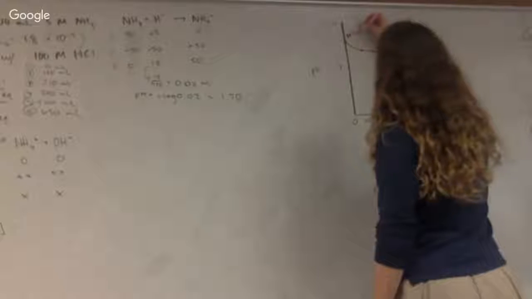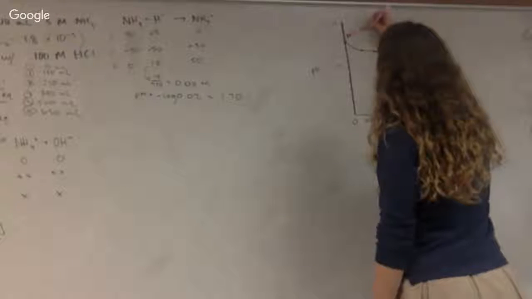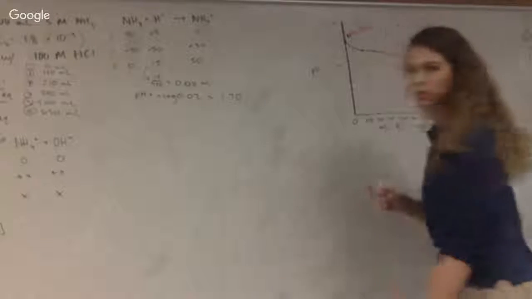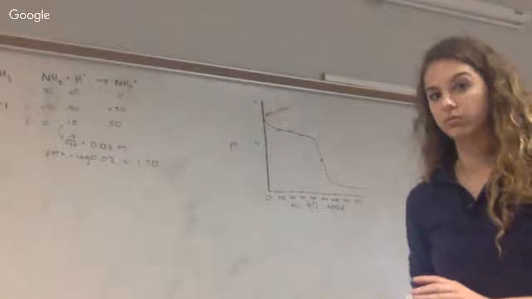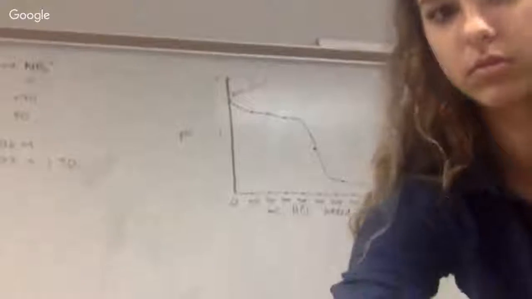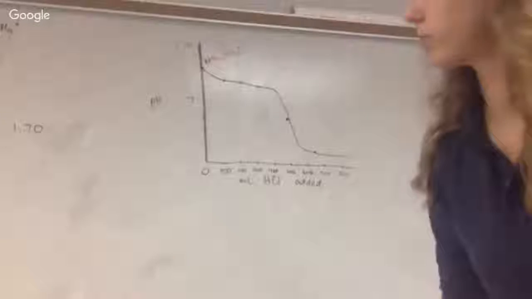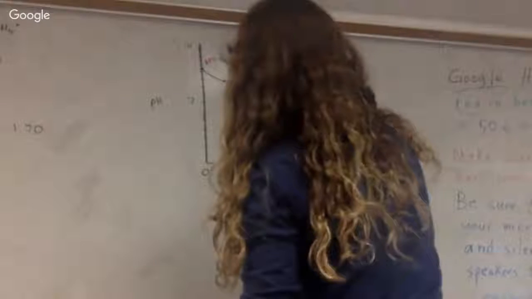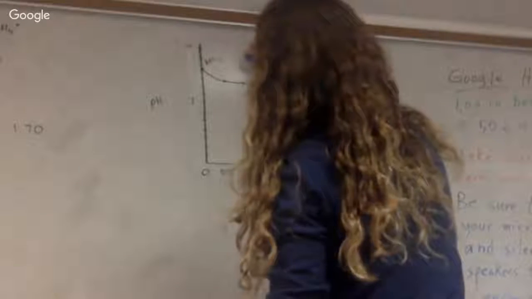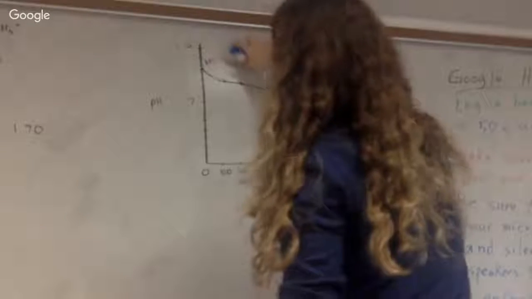So at the beginning, when we only have NH3 at the beginning, do we not have NH4 plus? None. Remember, because we're titrating, at the very beginning, at the starting point, we don't have any conjugate base or conjugate acid at all.